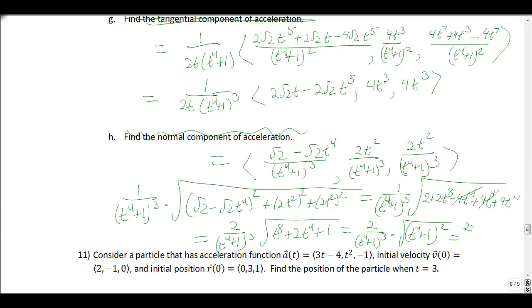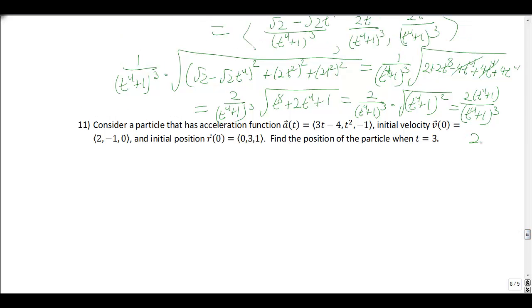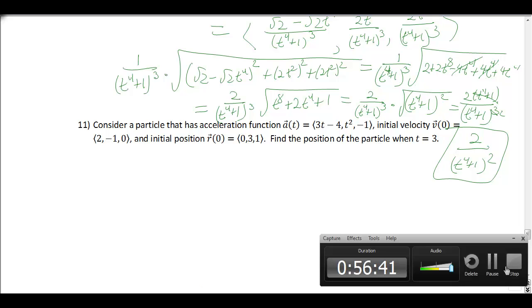So I'm going to get 2 times t to the 4th plus 1 over t to the 4th plus 1 cubed. So the whole thing, when I'm all said and done, my curvature is 2 over, I can cancel this factor with one of those, 2 over t to the 4th plus 1 squared. So that's my curvature. Okay, I'm going to stop this for now. We'll pick up the rest of these later. I've got to clean up some of what I've got going on here.